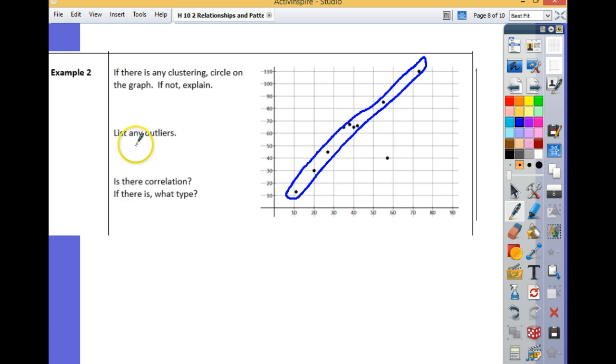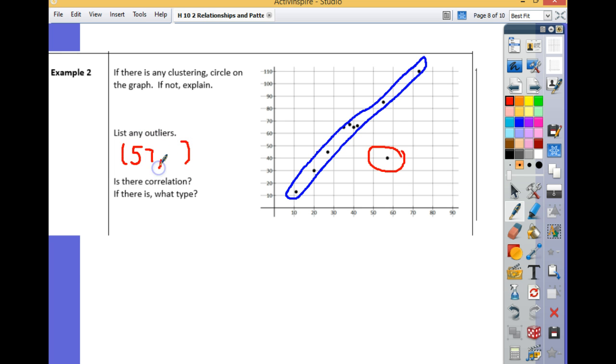And it asks us, list any outliers. See, when you do your clustering like that using the correlation, it's super easy then to see, is there an outlier? Yeah. Big time. What are the coordinates of that outlier? List any outliers. What is it, I should say? 50, you have to guesstimate. 50 what? 7? Yeah.